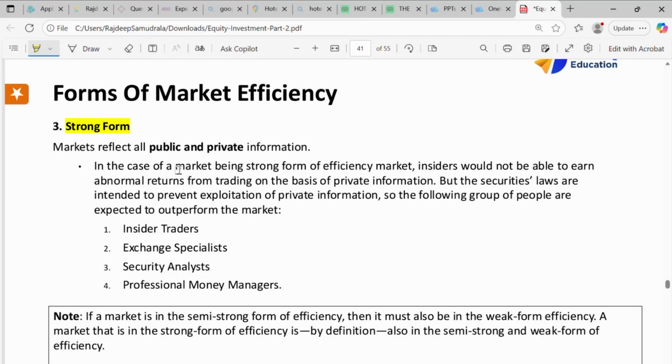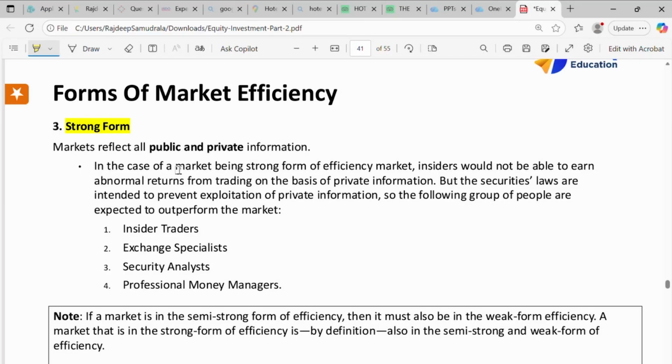If a meeting takes place between two top companies, they will assume that there's some merger talks happening and they'll start reacting to it, right? So even before the news has reached the market, people start reacting to the news, and that's where it takes place. Clear? So strong form. Now, obviously, I'm talking about public as well as private.